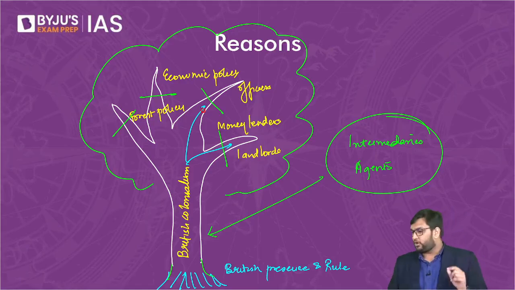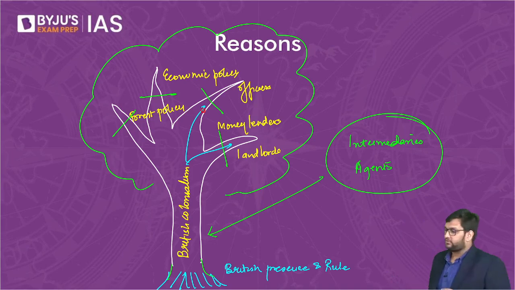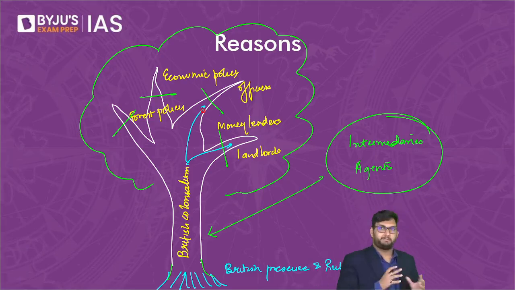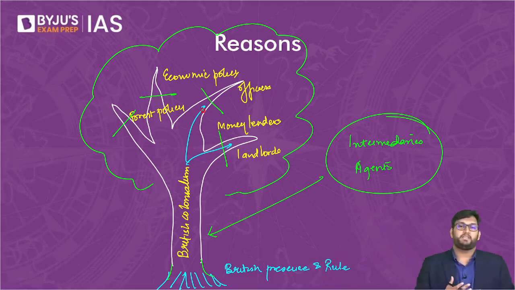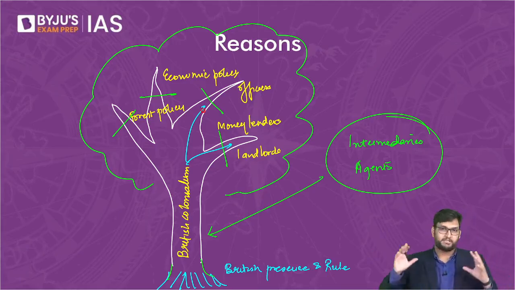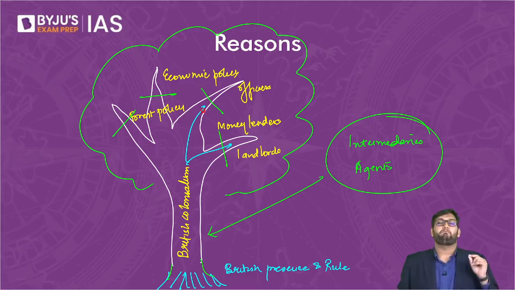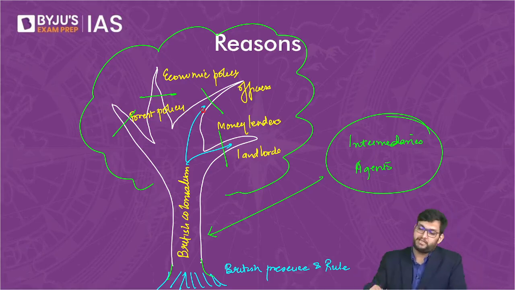So when we talk about the initial resistance, peasant and tribal movements, they are all based on certain grievances generally linked to colonialism, but none of them actually target the main cause. That is their limited vision, a limited understanding and vision of colonialism.